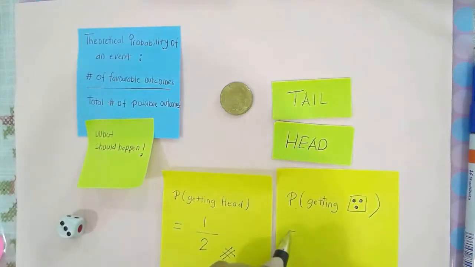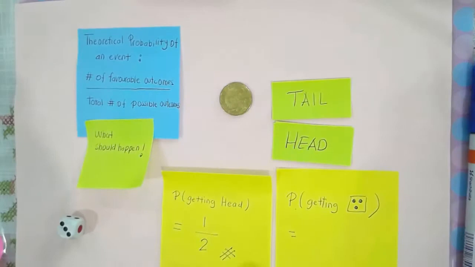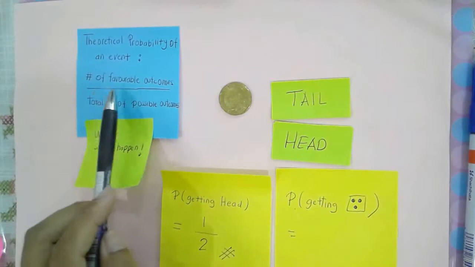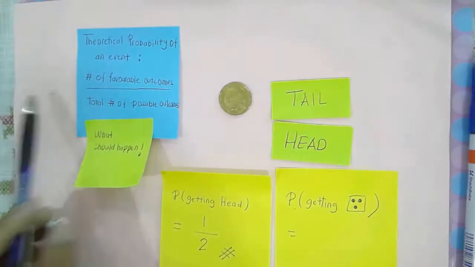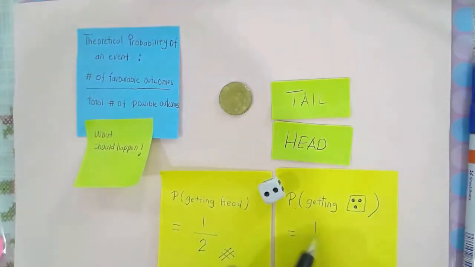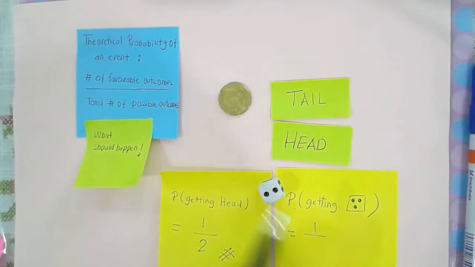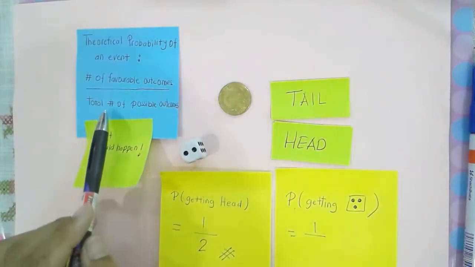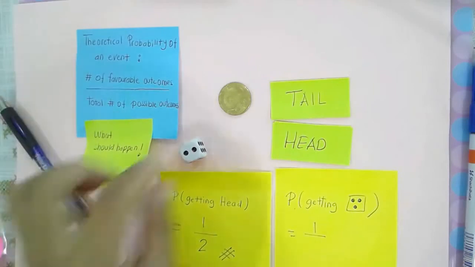Let us compute using the theoretical probability formulation. It is given by the number of favorable outcomes, which is 1 outcome of interest, getting 3, divided by the total number of possible outcomes.